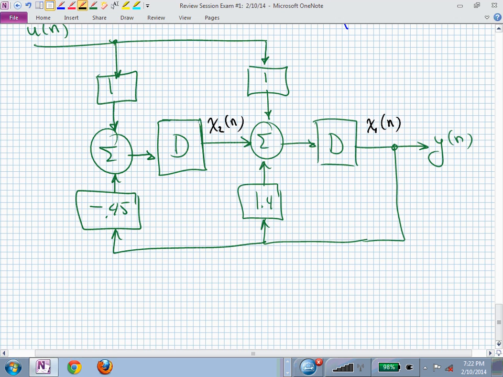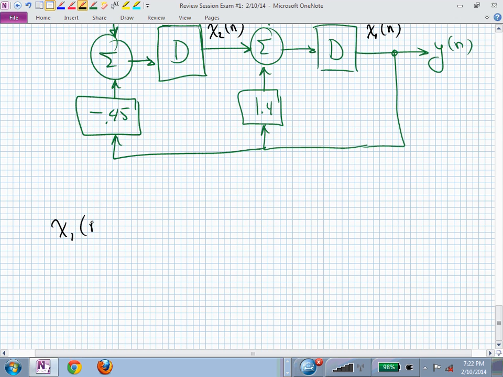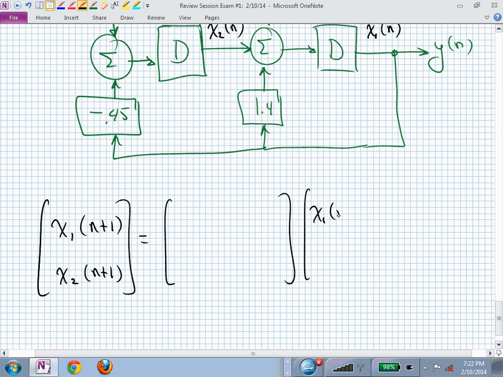And we can write those in matrix form. We have x sub 1 of n plus 1 and x sub 2 of n plus 1 stacked on top, and that's our leftmost column of state variables, advanced by 1 unit of time. Then that needs to be some linear combination of our states at the present time plus some scaled version of our input at the present time, U of n.